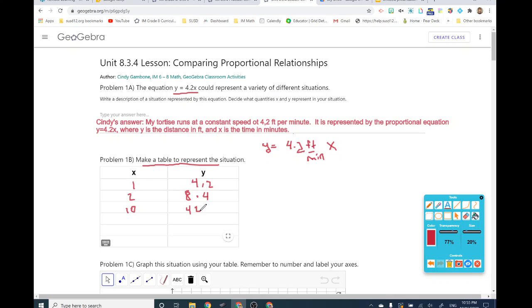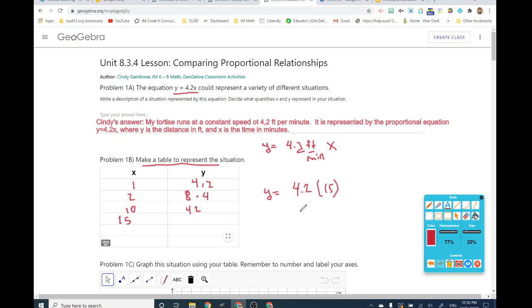Wow, go turtle, go. And I came back one more time. I went away and then I came back 15 minutes later. So how far has my turtle moved? Let's calculate that. Y equals 4.2 times 15 minutes later. So 4.2 times 15 is, hey, I'm no genius.